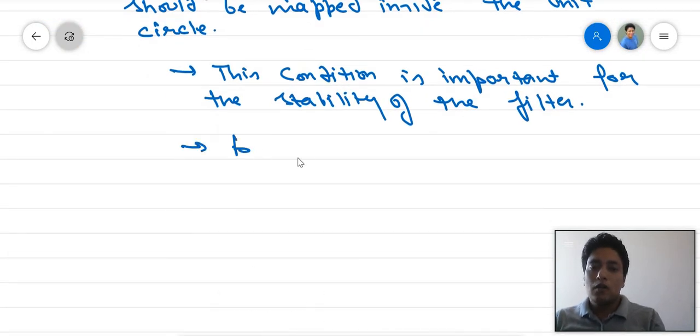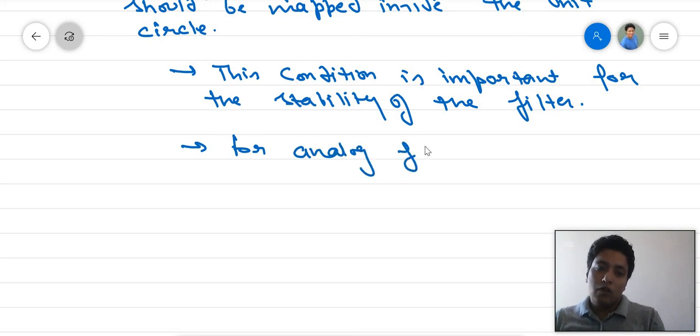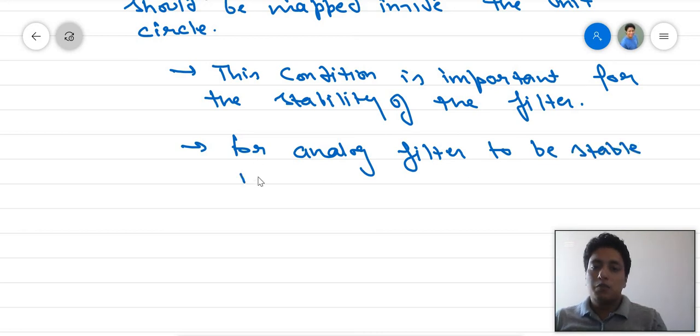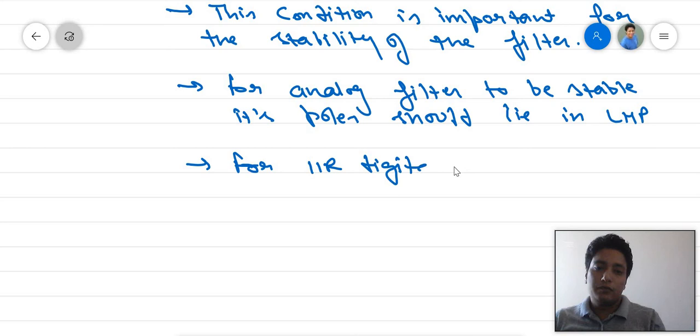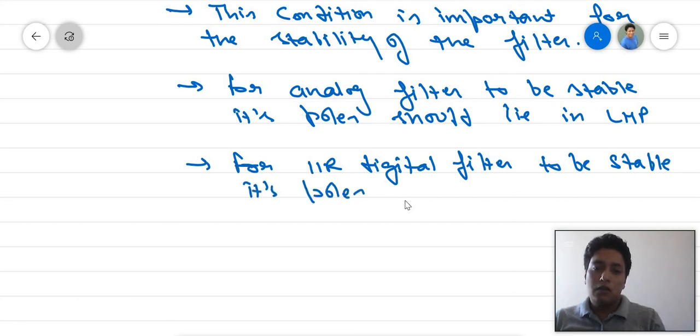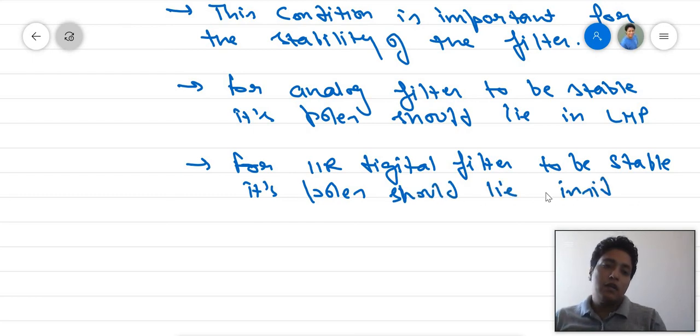For an analog filter to be stable, its poles should lie in the LHP, and for an IIR digital filter to be stable, its poles should lie inside the unit circle.